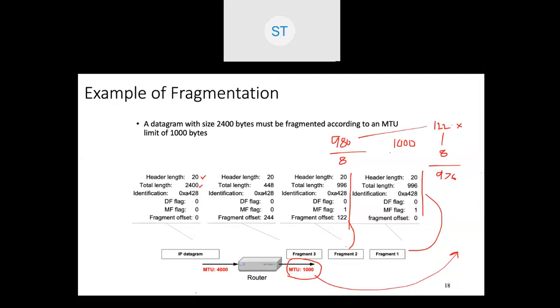So you have to find out the maximum number which is divisible by 8. So that comes out to be 976. Because I need offset as a whole number. I cannot put it 122.4 or 122.5 or 122.2 like that.